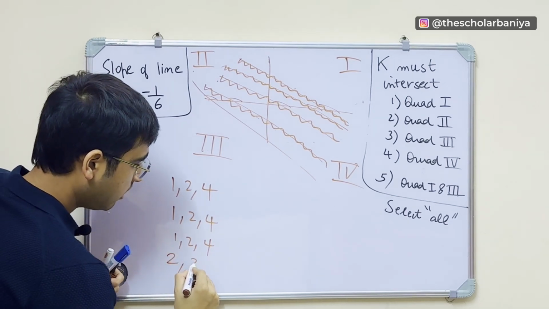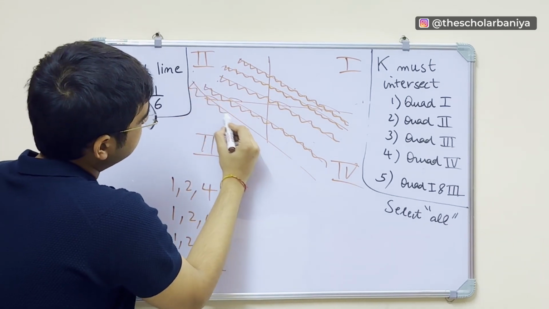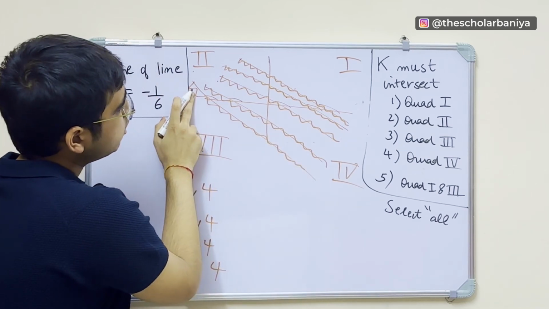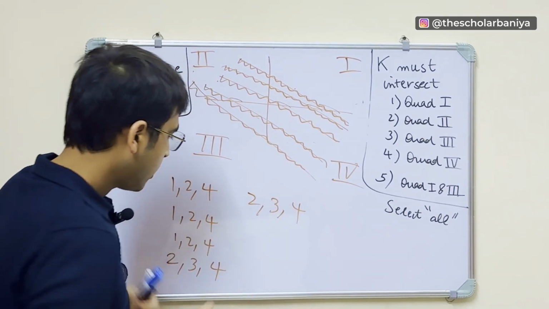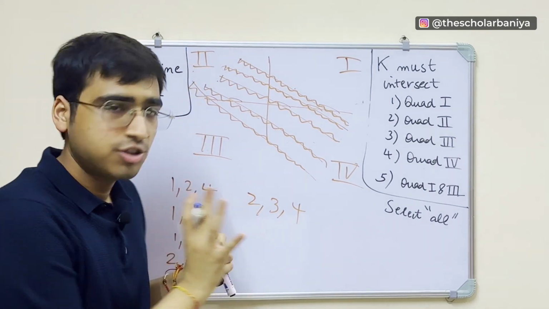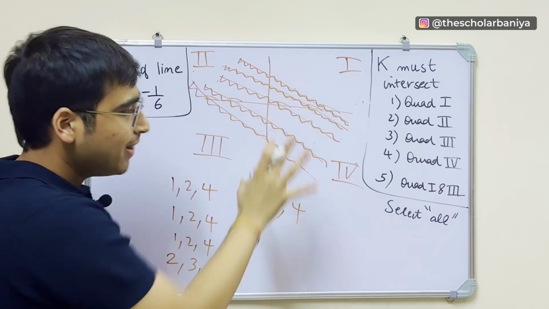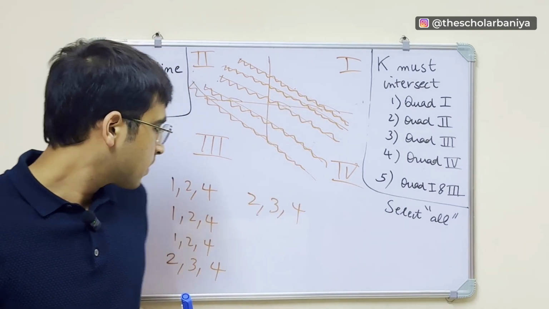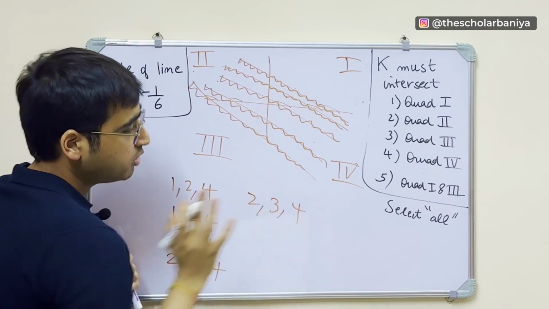And similarly, this line is also passing through second, third, and fourth. What I mean is that out of all these different possible lines, sometimes the line passes through 1, 2, 4, and sometimes 2, 3, 4.